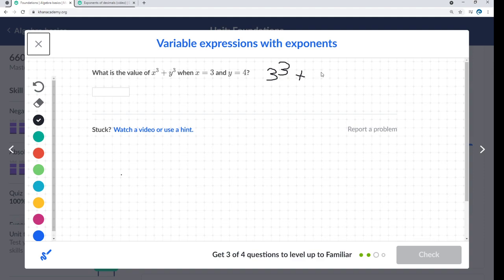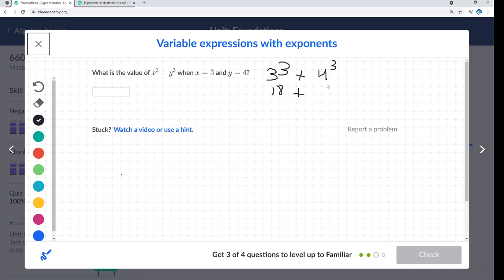So 3, okay, and then Y is 4. So this is 4 to the third. So 3 times 3 is 6. Times 3 is 18. Pretty sure it's 18. And then 4 times 4 is not 12.